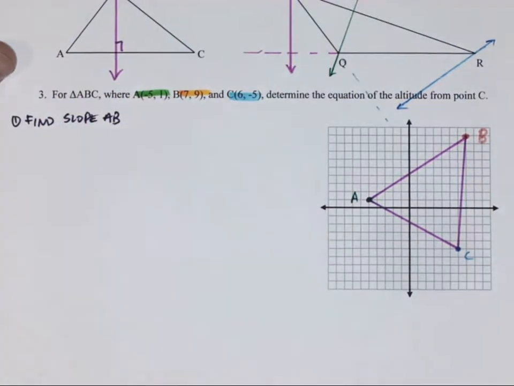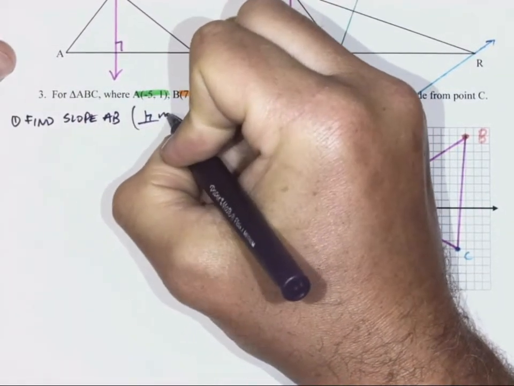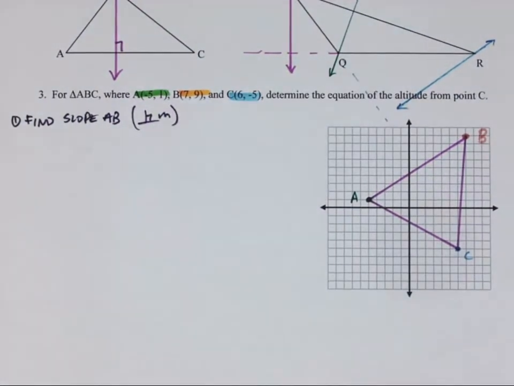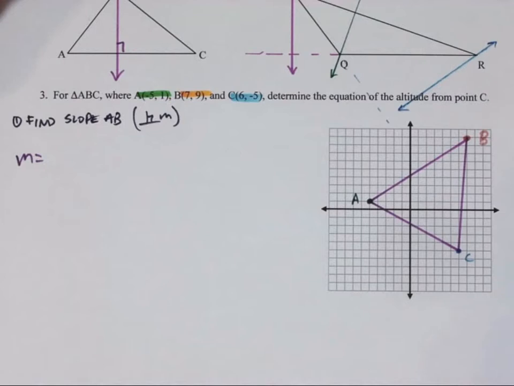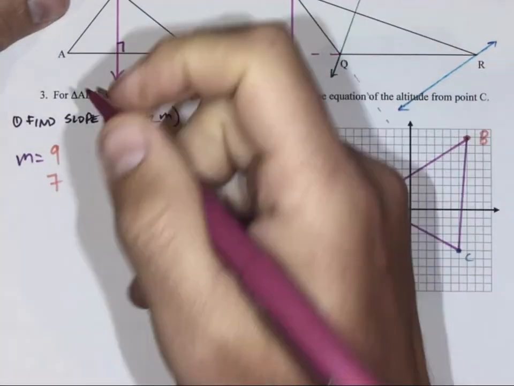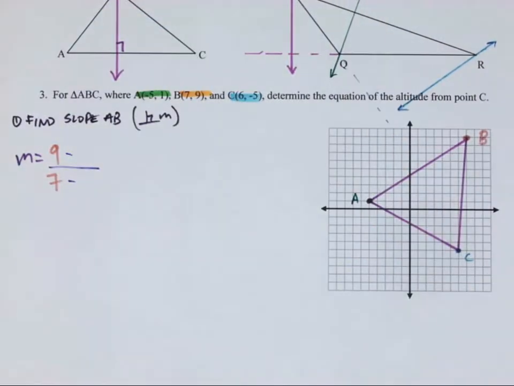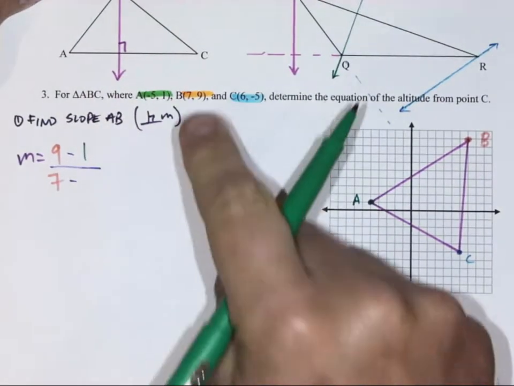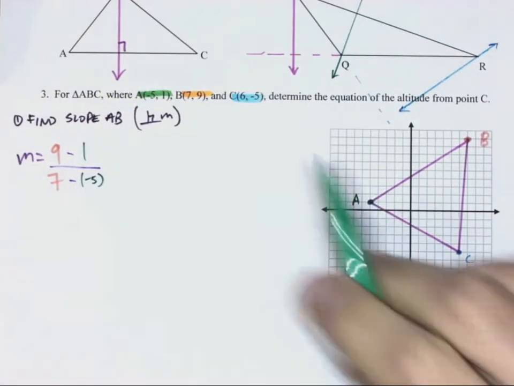And when we have that slope, we're going to take the negative reciprocal slope. So we plug that into our handy dandy equation: y2 minus y1 over x2 minus x1.